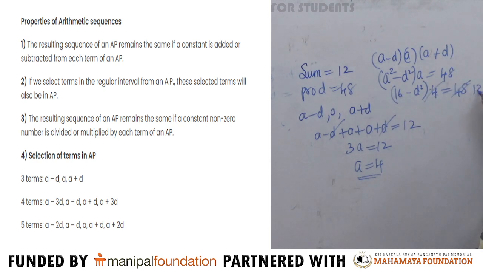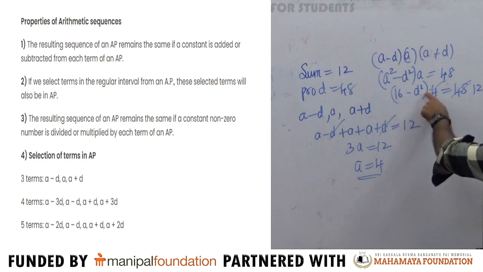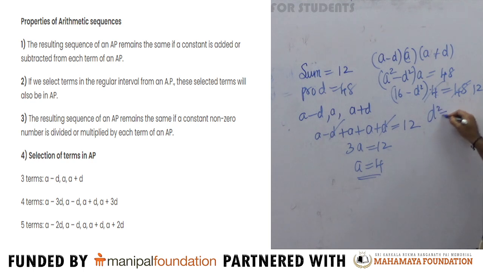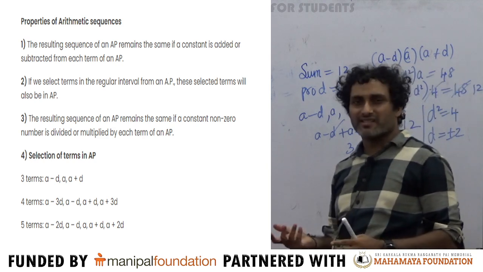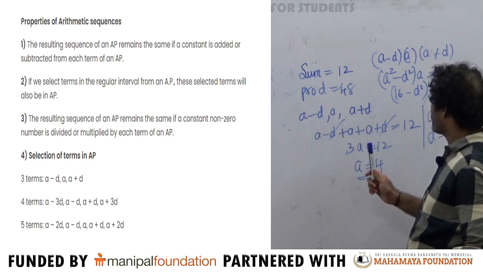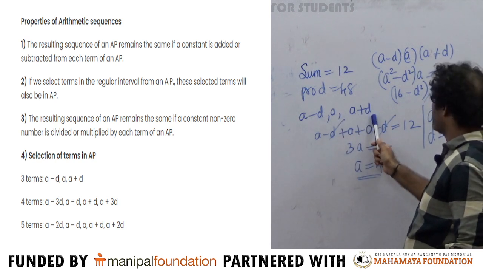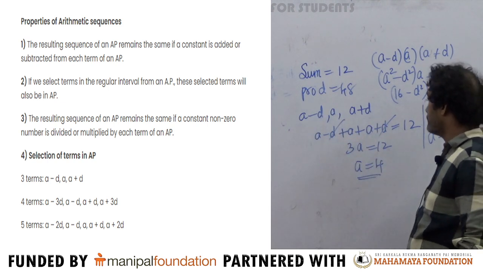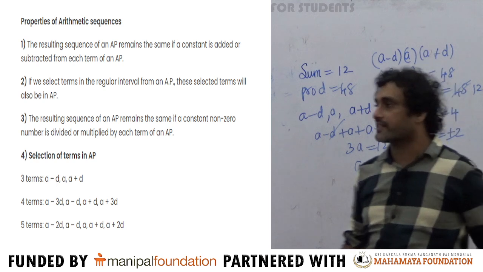Anyways, this will go here, 12. 16 minus what is 12? D squared is 4. D is plus or minus 2. You just take plus, it works. So A was 4. 4 plus 2 is 6, 4 minus 2 is 2. So the numbers are 2, 4, 6.